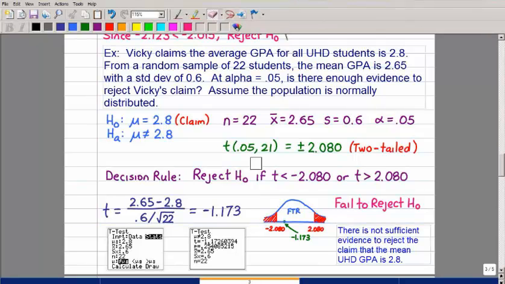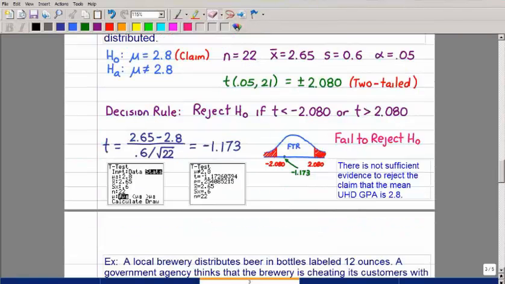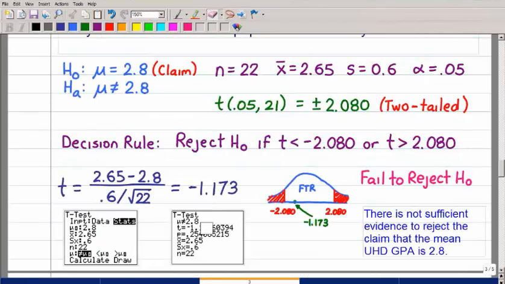So let's look at our test statistic here. It is 2.65 minus the hypothesized mean of 2.8, divided by the standard deviation of 0.6 divided by the square root of n, which is 22. That calculates out to be negative 1.173, which we can see is what we have in the box.